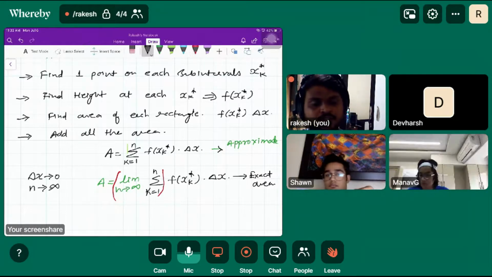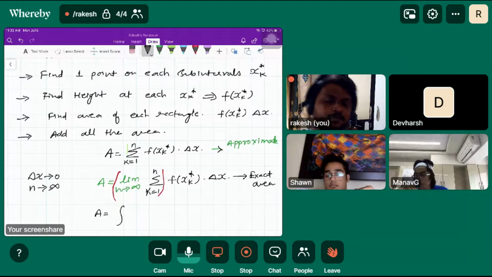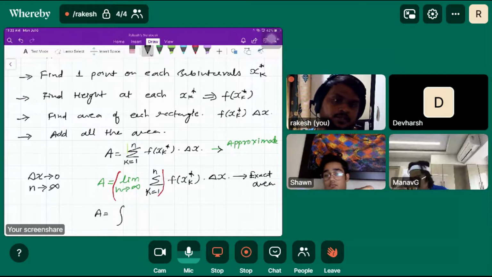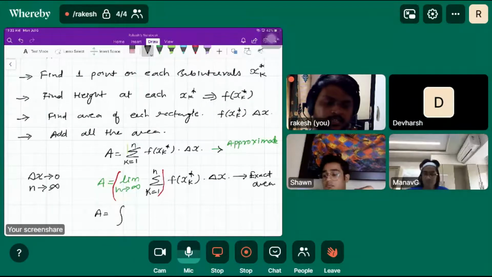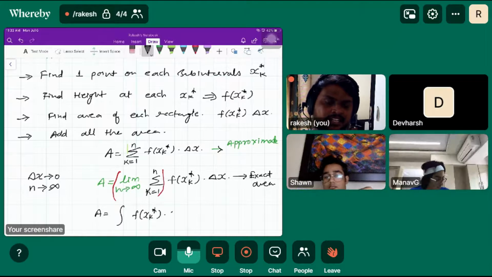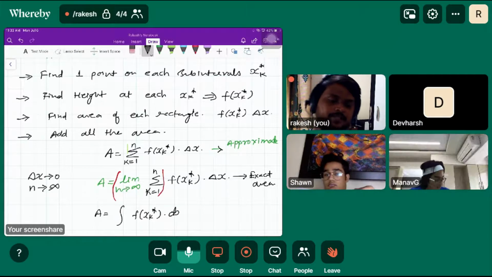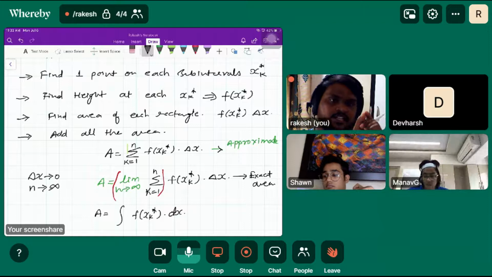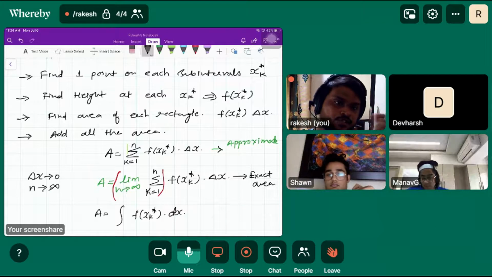So we can remove this and put the integral sign over here to replace this limit of sum, and that will give you the exact area. And delta x becomes dx, because dx is an infinitesimal distance, showing the tends to 0 condition.